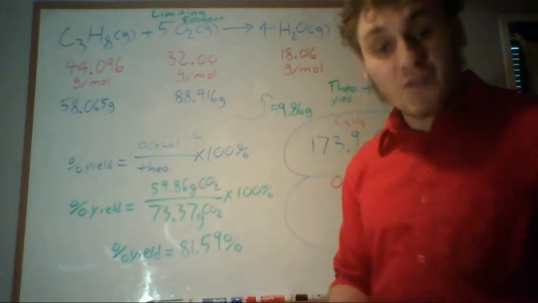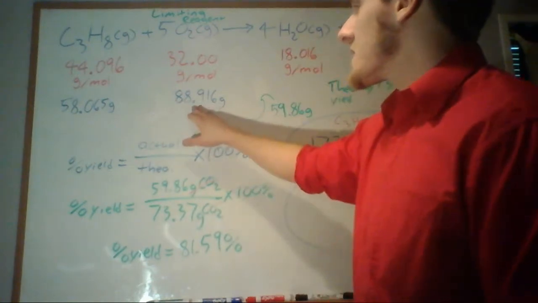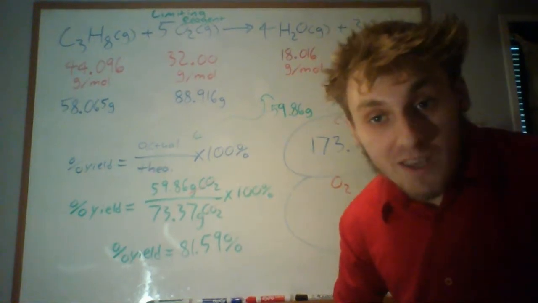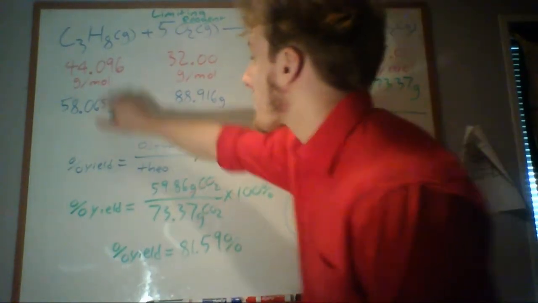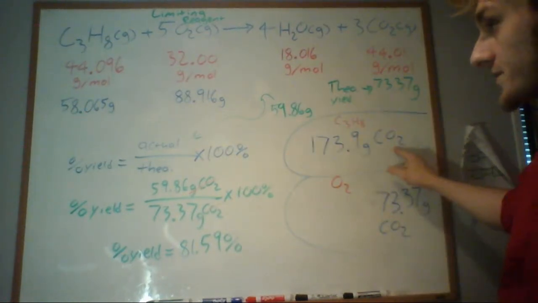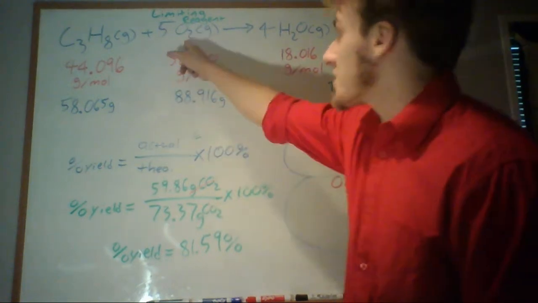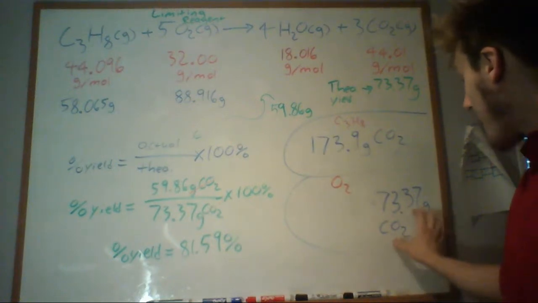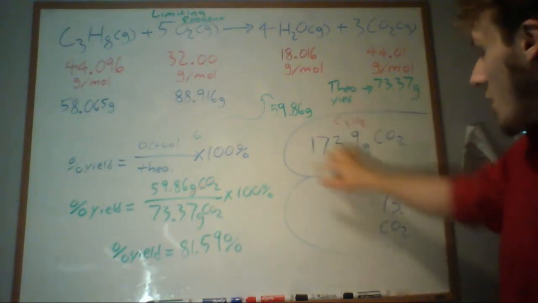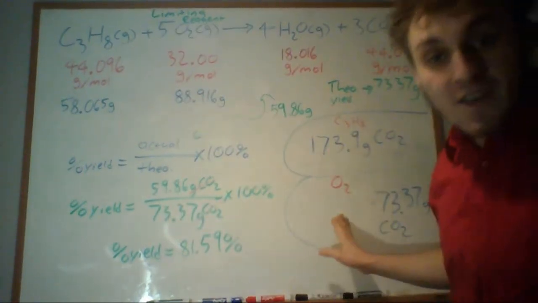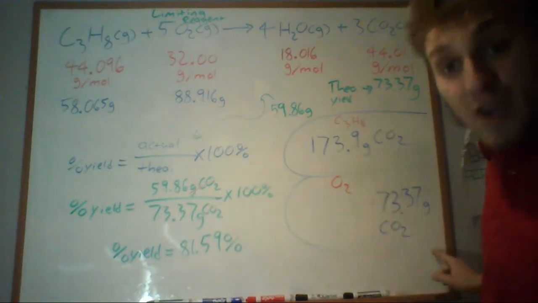So we figured out a lot of things in this video, right? Given these initial masses of our reagents, we figured out how much product we could make. Given this much propane, we figured that we could produce this much CO2. Given this much oxygen, we figured that we could produce this much CO2. Because this value was smaller than this value, we knew that O2 was our limiting reagent. Also, we figured out that this number here represented our theoretical yield.